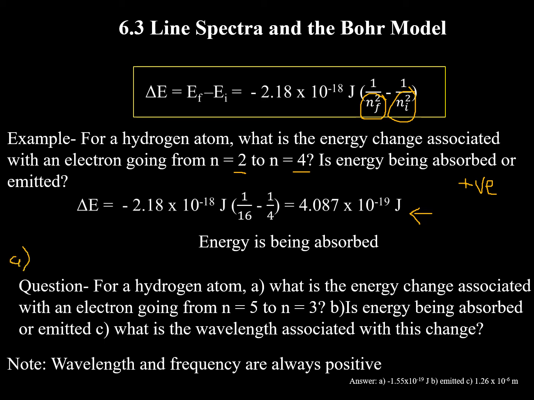We write out delta E, the change in energy, is equal to negative 2.18 times 10 to the negative 18.